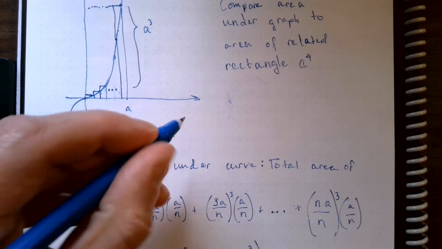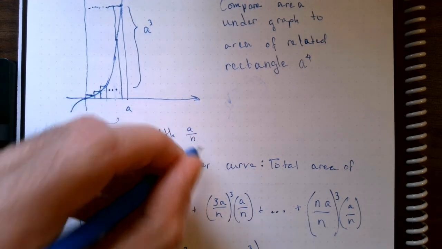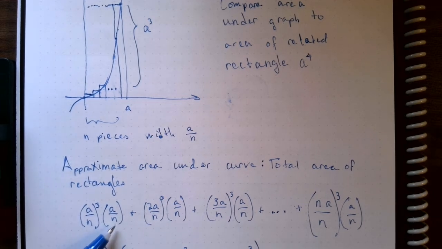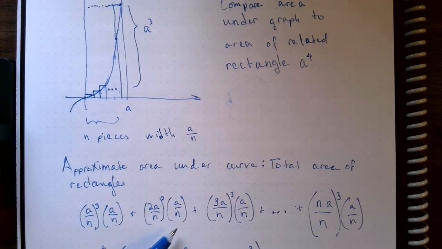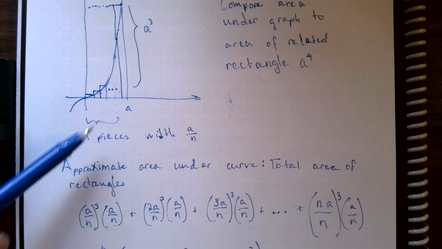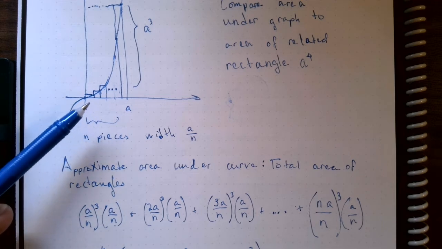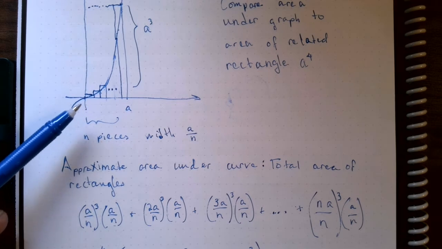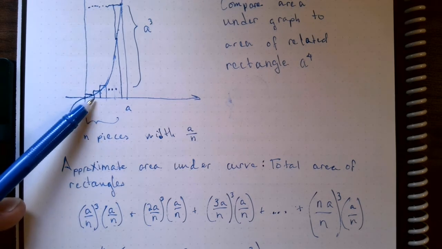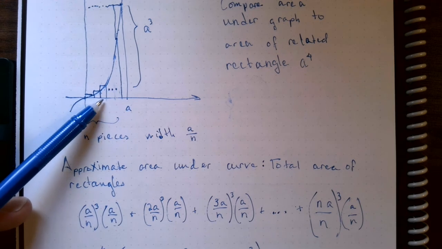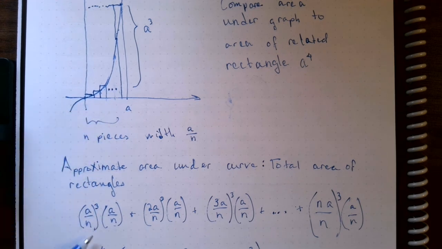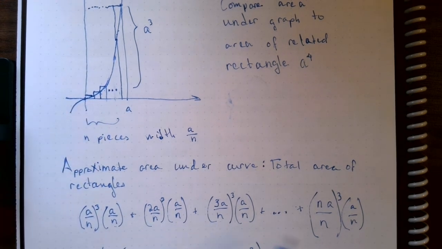So the pieces have width a over n. So that's why each term here has an a over n. That's the width of the rectangle. And to get the height of the rectangle, we evaluate our function, which is the cubing function, at the endpoint. So the first rectangle, that's a over n, 2a over n, 3a over n. So that's why these terms are being cubed here. Those are the heights of the various rectangles.